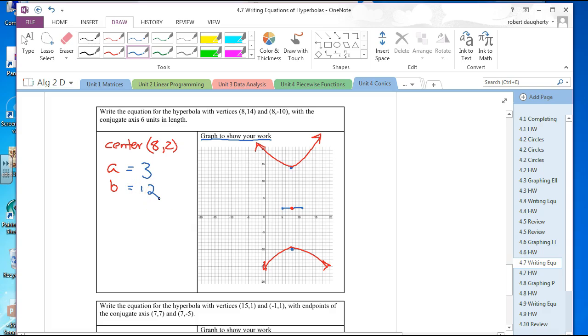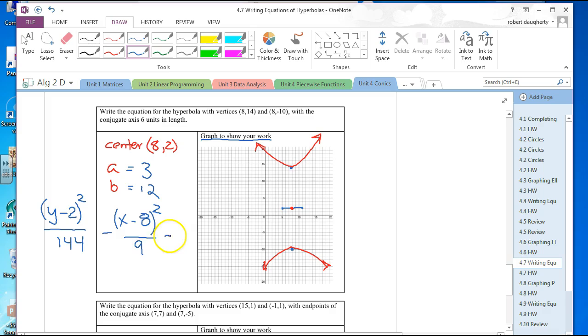This is a vertical hyperbola, so who gets the positive sign, y or x? y. So it's going to be (y - 2) squared over, what goes there, the a or the b? So b squared is what? 144, and then minus (x - 8) squared over 9.